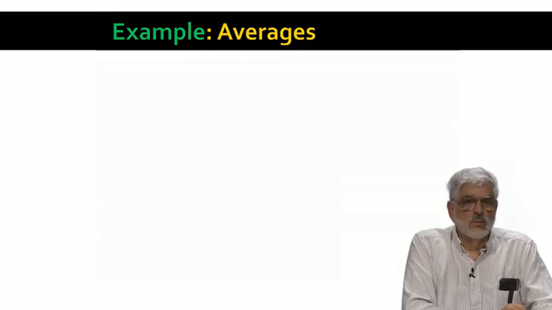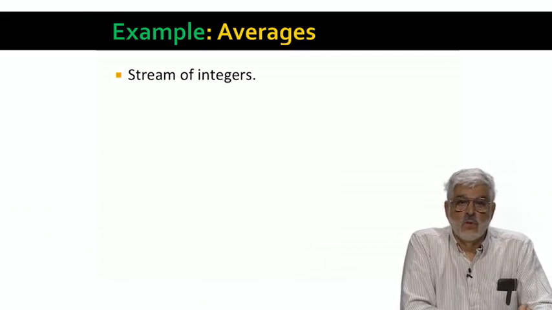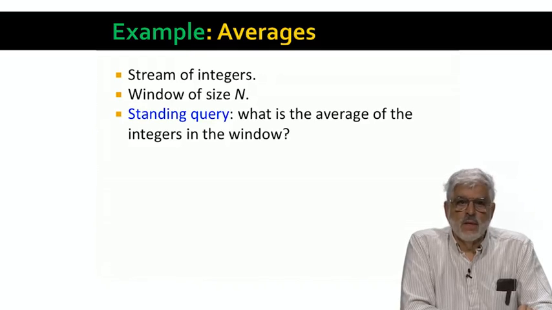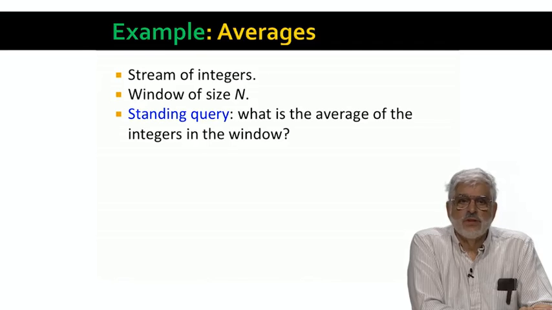Let's take a really simple example. We have a stream of integers. The window is of size n. That is, the window will hold the n most recent integers in the stream. And we want the system to be able to answer one standing query. What is the average of the elements in the window?